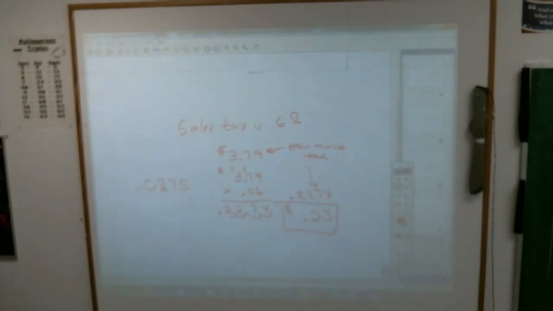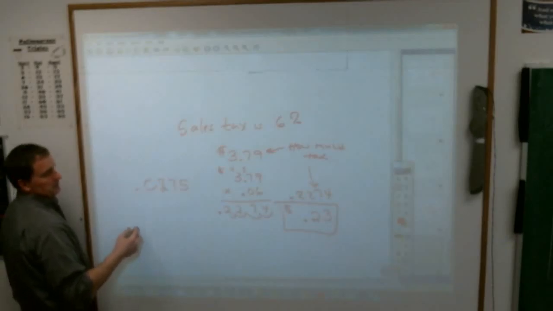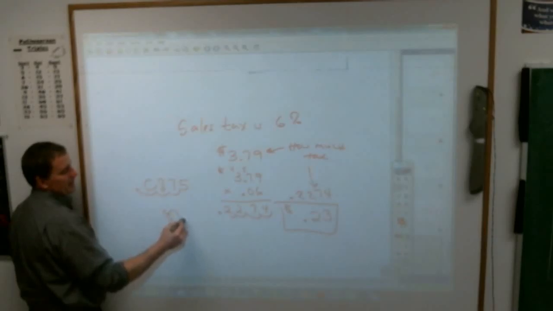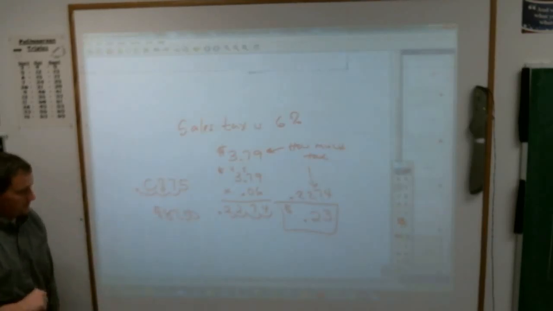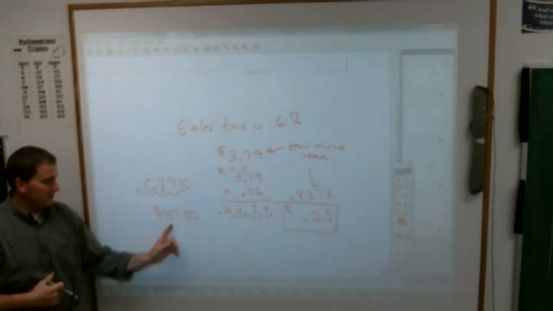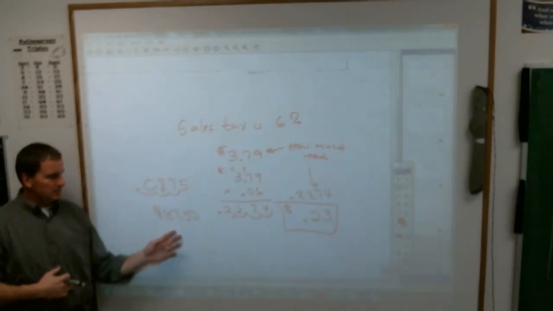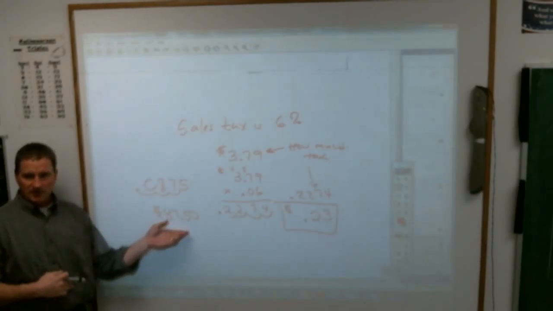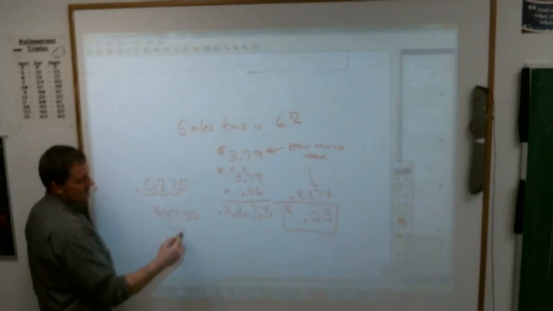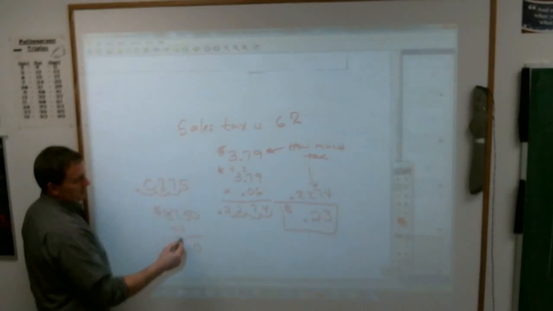If you paid $1,000, then how much would you pay in tax? Just move the decimal 3 places. You pay $87.50 in tax on $1,000. So if you bought a car for $40,000, you would pay 40 times this in tax.